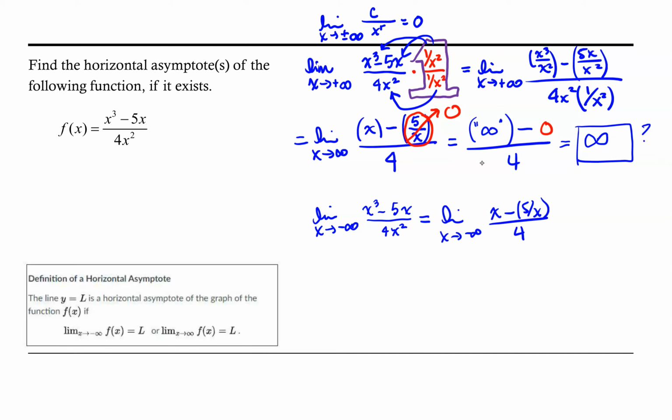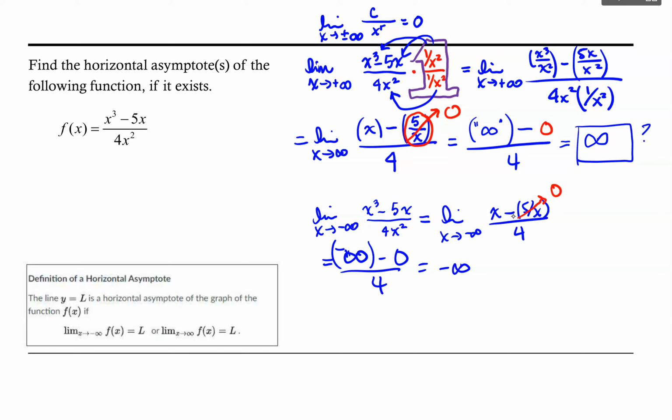Now, as x approaches negative infinity, this x in the numerator will also approach negative infinity, and this 5 over x will approach 0. So we have something a little different than what we had before. Instead of positive infinity, we'll have negative infinity minus 0 over 4, which is still going to give us negative infinity.